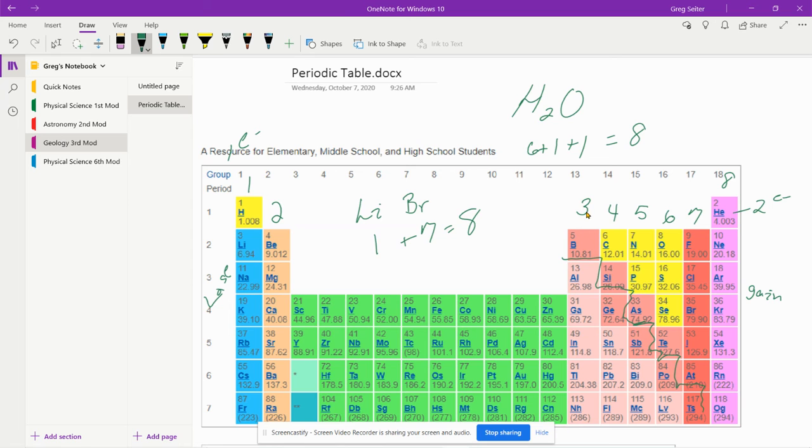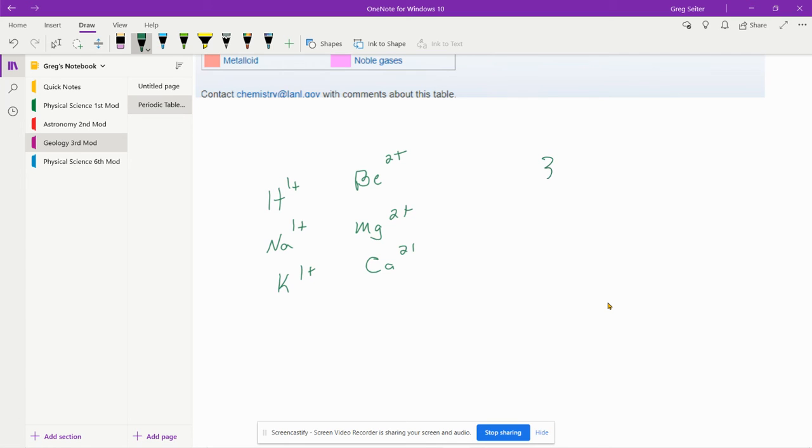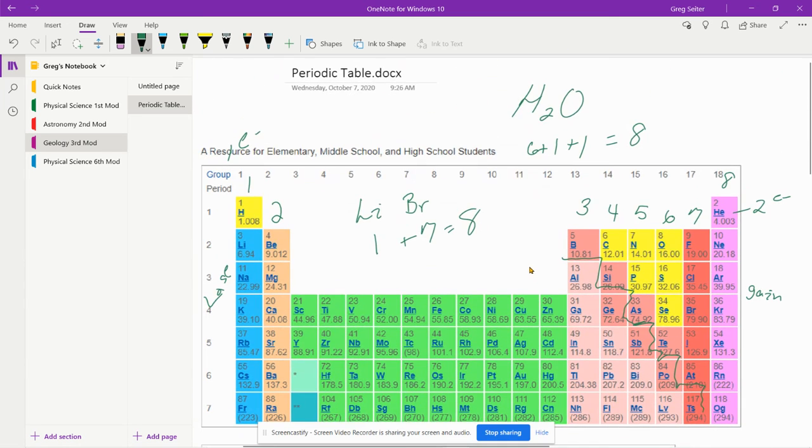Boron is a 3 minus, because boron's on the right of the staircase. It's going to gain 3 electrons, so it'll have a 3 minus charge, where aluminum is on the left-hand side and will have a 3 positive charge. That's what an ion is. It's an element or an atom with a charge.